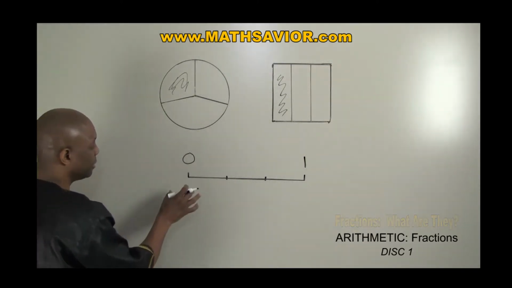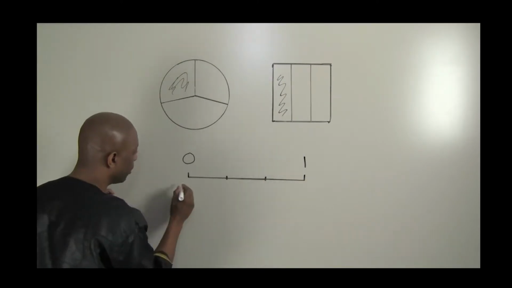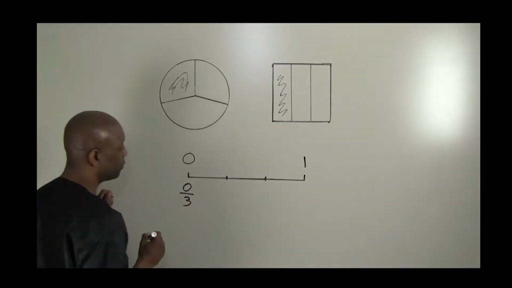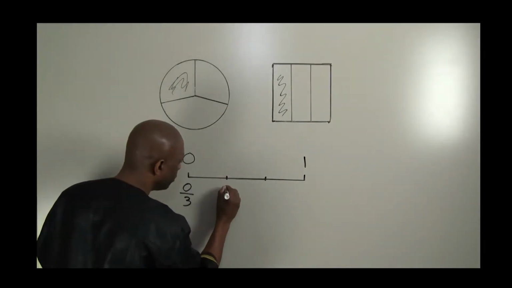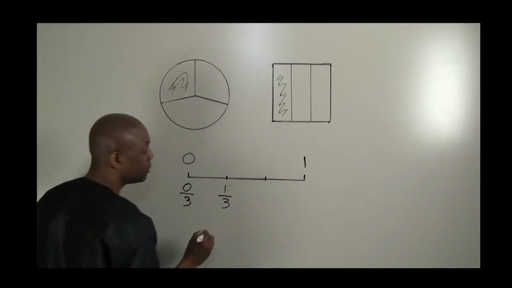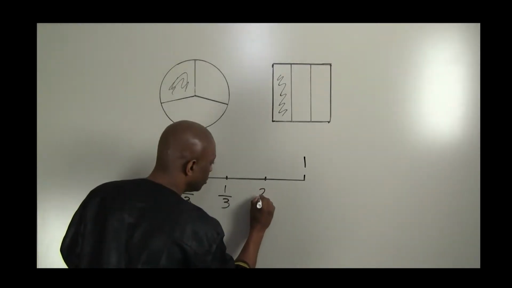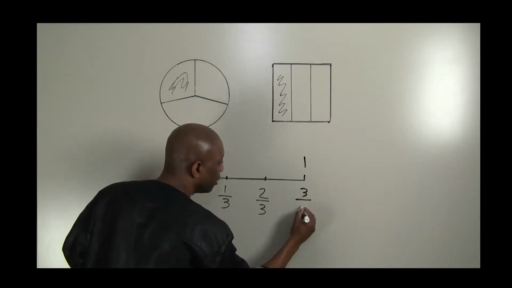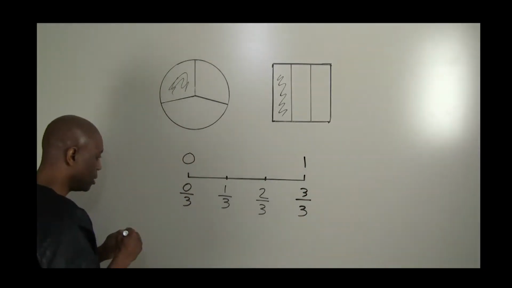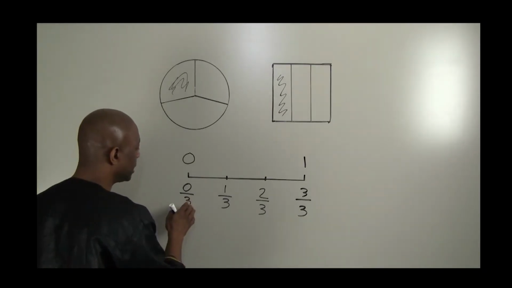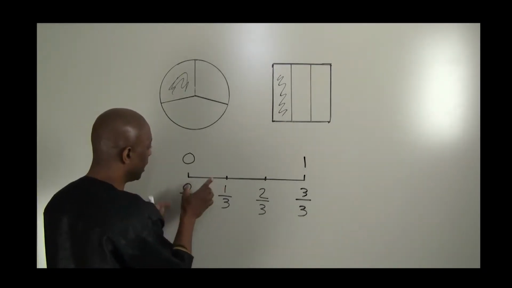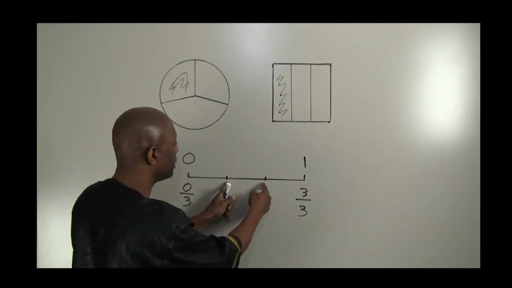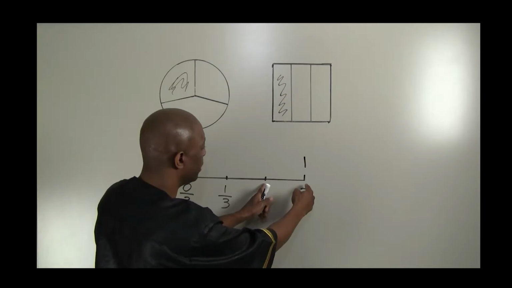So I can represent, starting at this point, 0 over 3. This point would be 1 over 3, 2 over 3, and 3 over 3. Okay? So on this number line, we see that the distance from here to here is 1/3, from here to here is 1/3, and from here to here is 1/3.